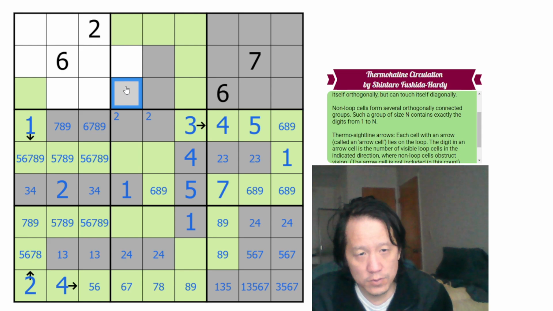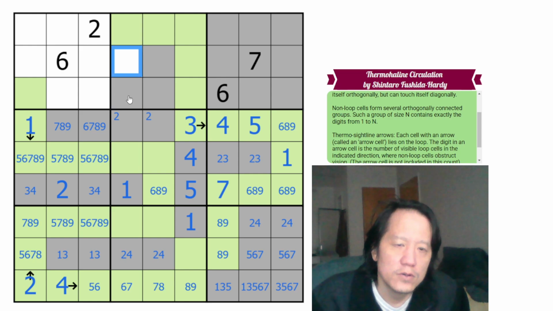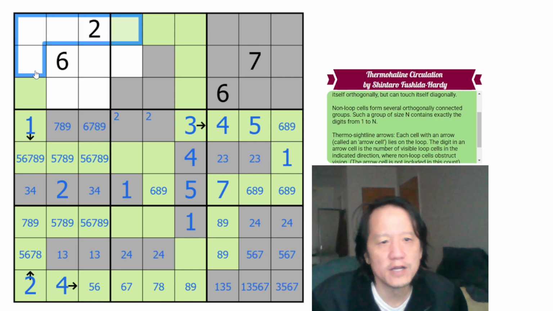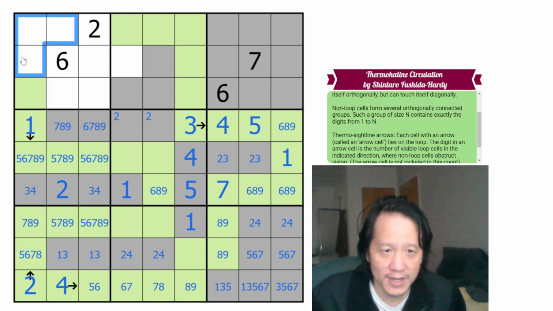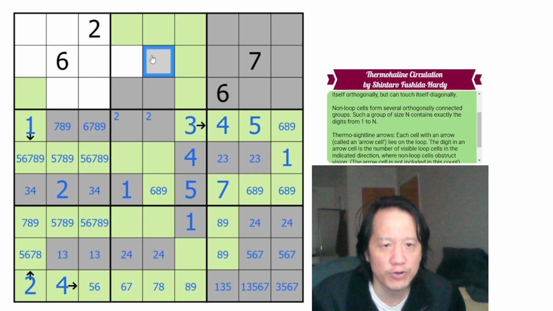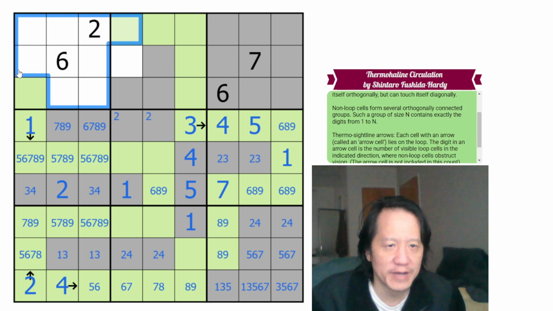So what happens? Okay. This cannot just continue on and go here, right? Because then this is too large. So there always has to be a non-loop group that's separate from this one, right? Because it can't double back on itself.